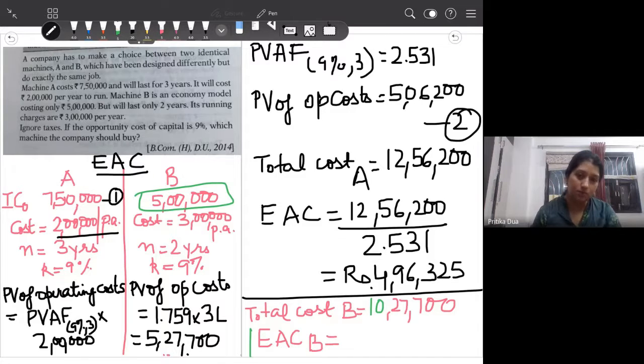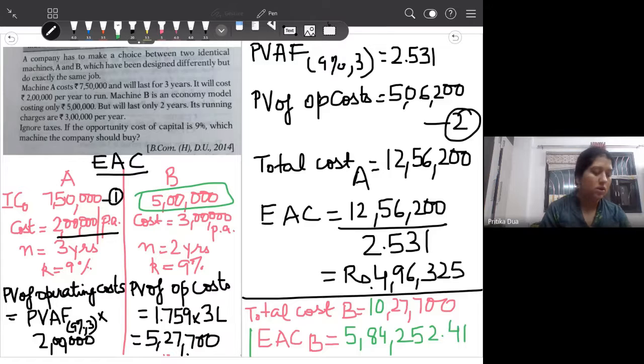Yes, thank you, Dipti. This comes out to be 5 lakh 84,252. Okay, so the initial cost actually was 5 lakh.